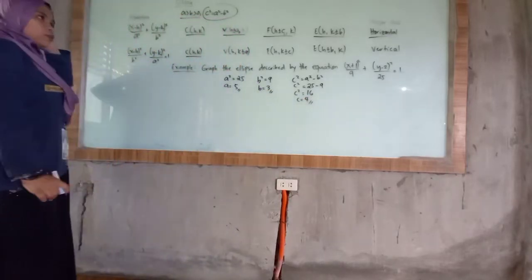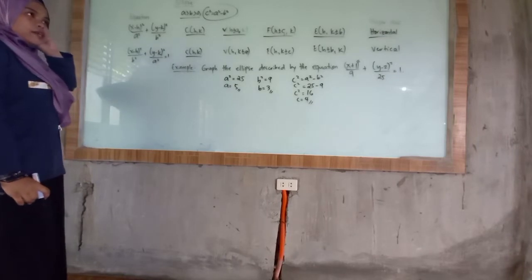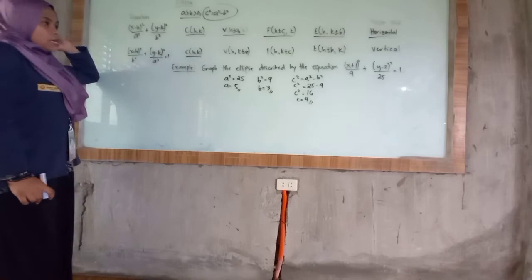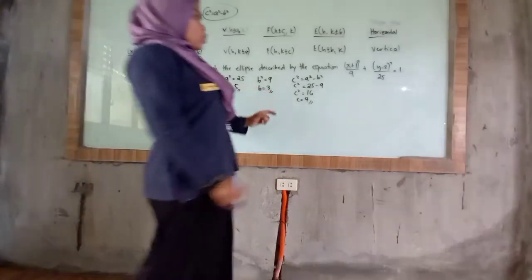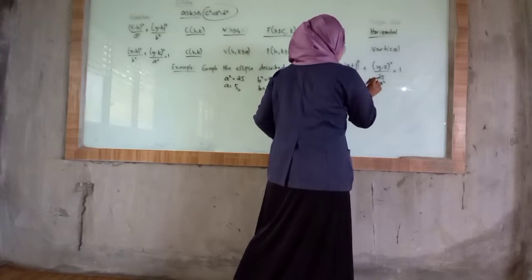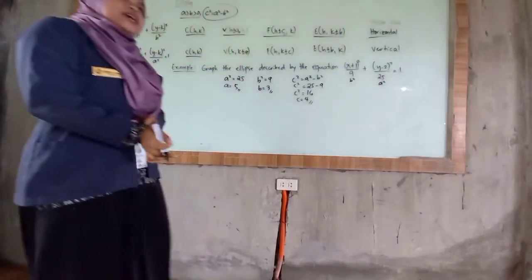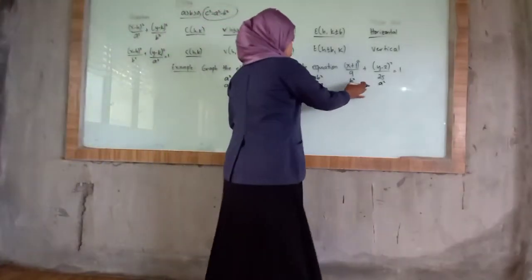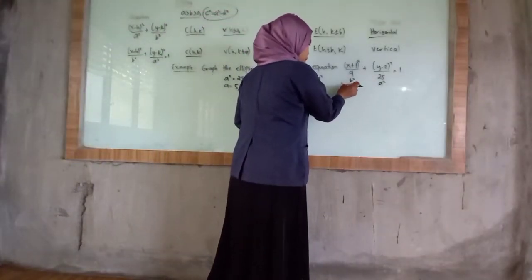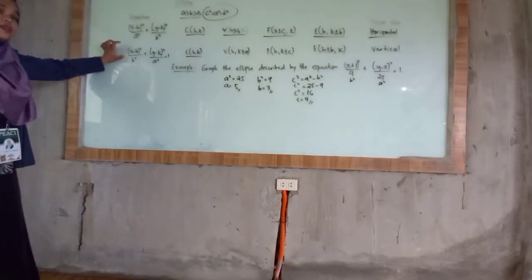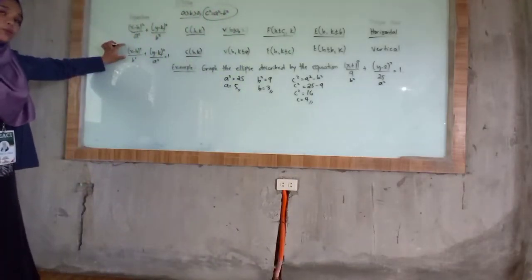Okay, so how can we determine if that is an ellipse with horizontal major axis or vertical ba? So, since dito, ito si A squared, ito naman si B squared, kasi nga sinabi natin kanina na si A is always greater than B. So, since this is in the form, mas nauna yung B natin kaysa kay A, ibig sabihin that follows the second formula or the second equation.